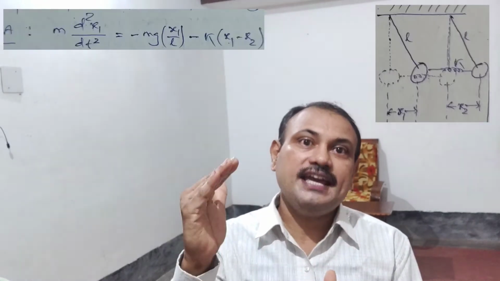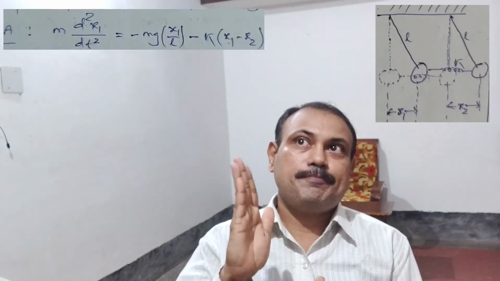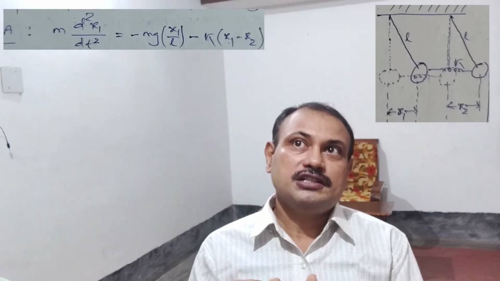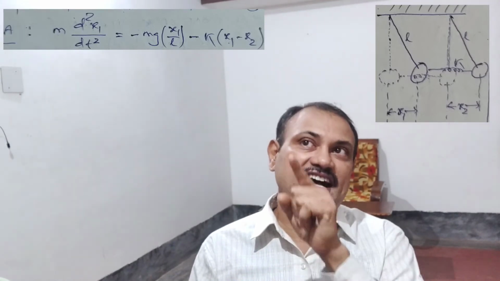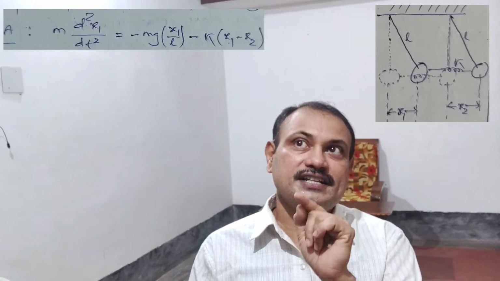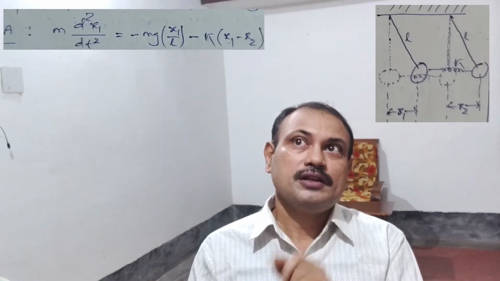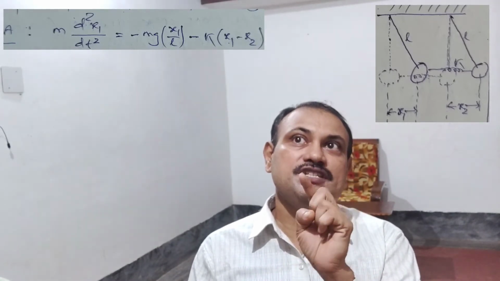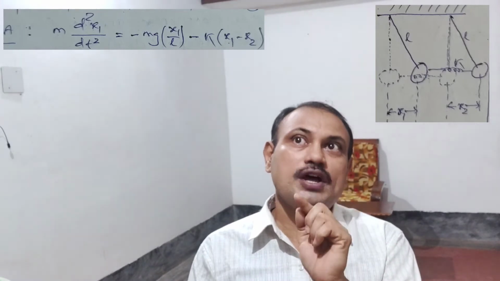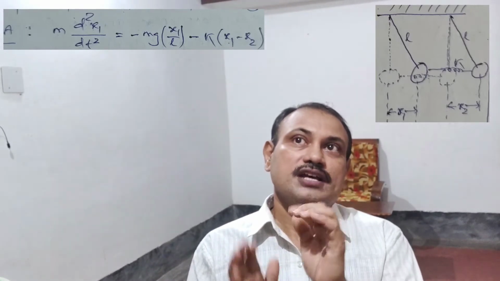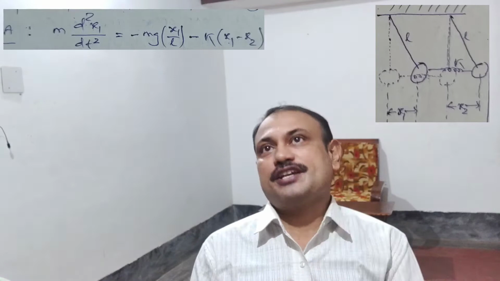How? When the pendulums are moving with unequal displacements, we can write the equations of motion for pendulum A and pendulum B. For pendulum A, the equation of motion we can write as m d square by dt square of small x1 equals minus mg x1 by L minus k times (x1 minus x2).